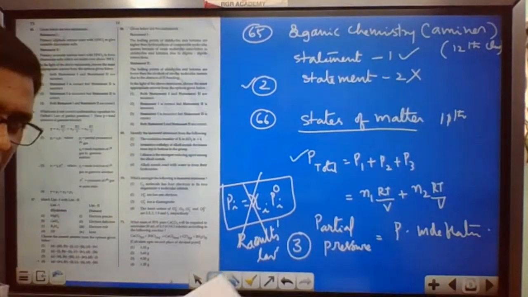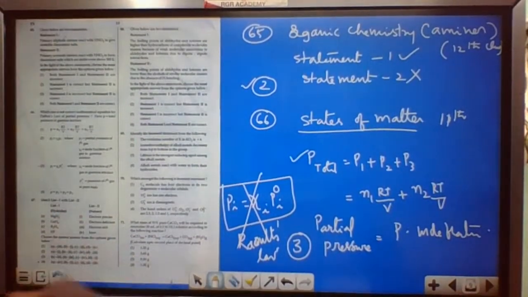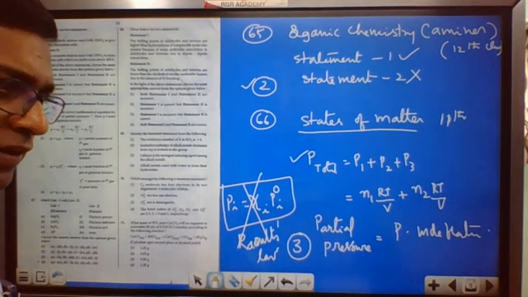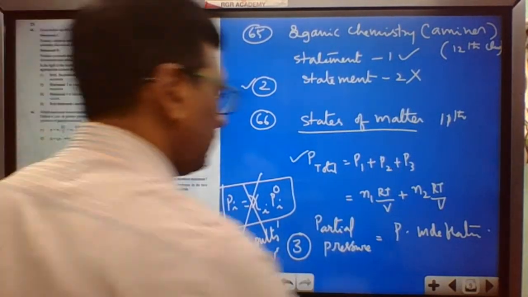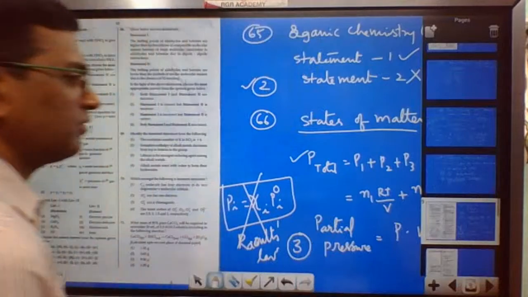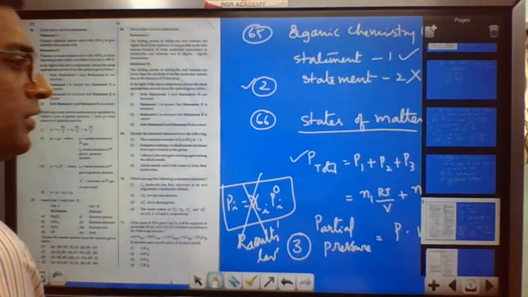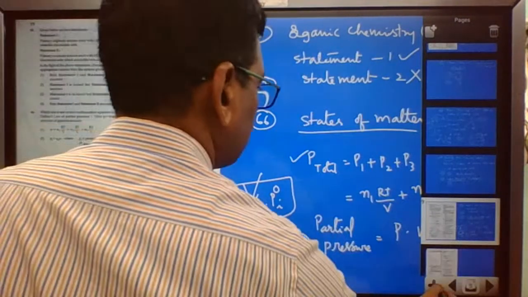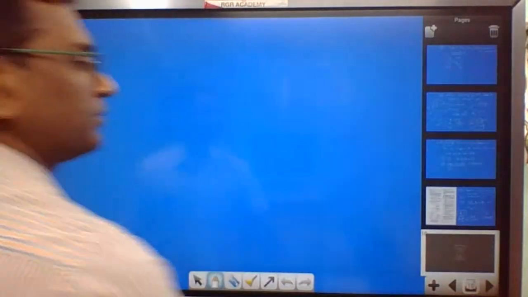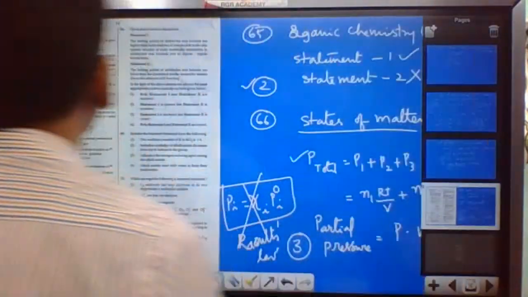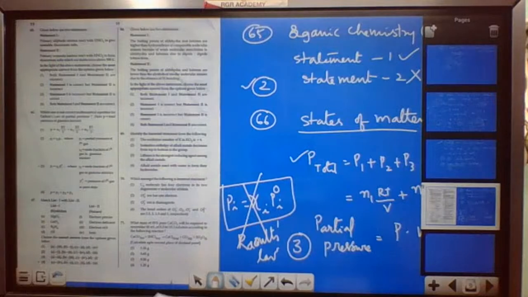So the question is a little tricky, but overall the questions are well-known questions within the limit of the textbook. Next, we'll go to the next question. Match, again they gave match.